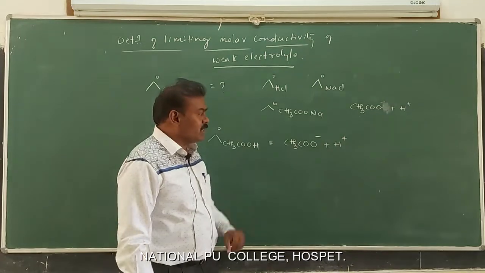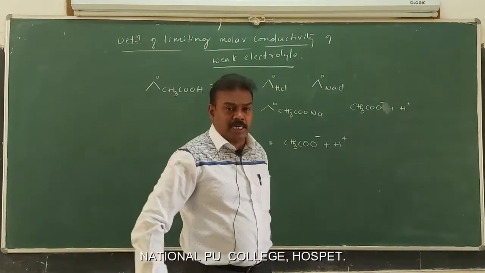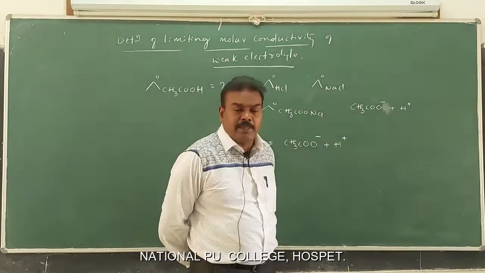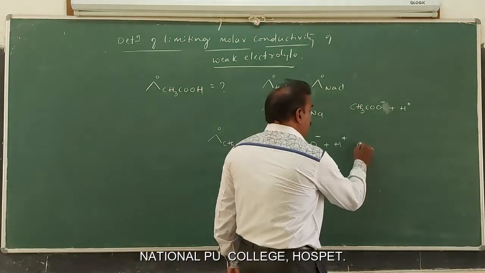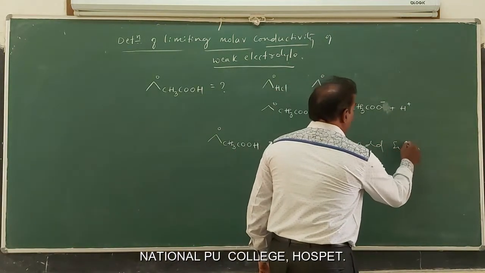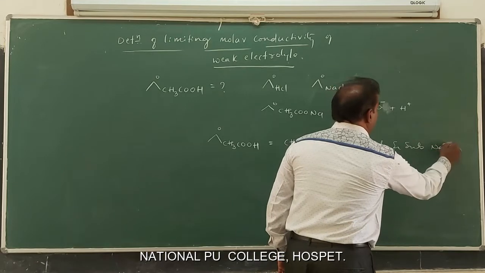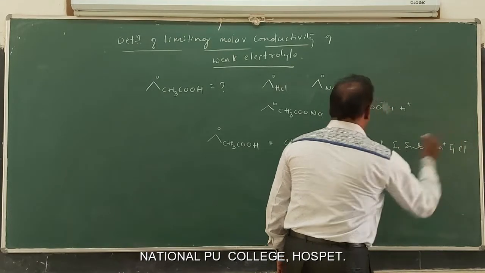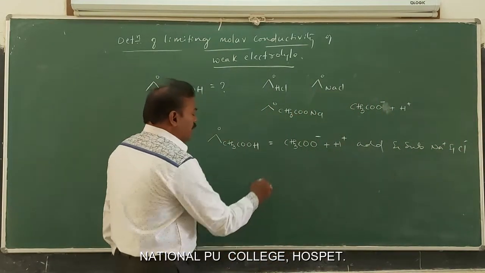You have to just add and subtract Na plus and Cl minus. You just add and subtract Na plus ion and Cl minus ion to this one. Listen to me.